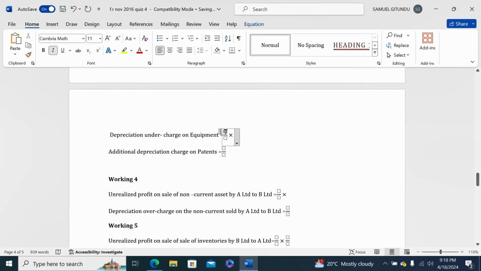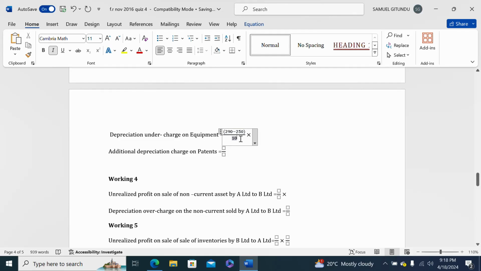Which now, we are going to take 290 million, we deduct 250 million, because that now represents the increase, which is 40 million. We divide that by the remaining useful life of 10 years.